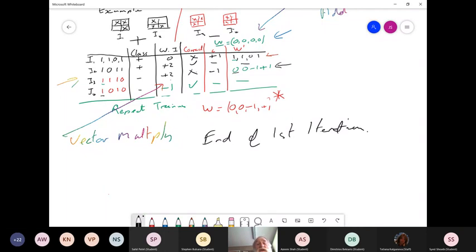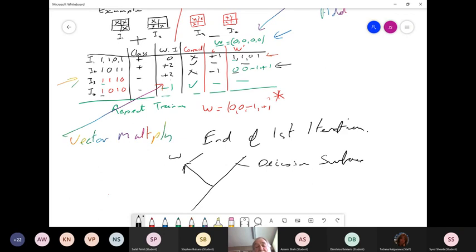Because in changing the weight vector, you're moving the weight vector. In 2 dimensions, there is your decision surface. And this is W going out there.